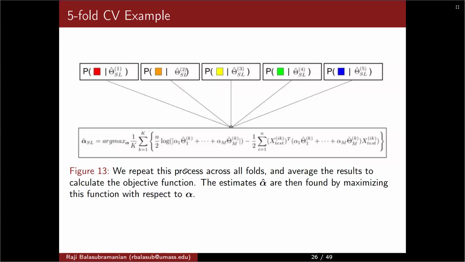We then repeat this process across all the folds and average the results to obtain our objective function. Then we're left with a function of the observed data, where the unknown parameters are just the weights that we want to learn. We can maximize our log likelihood using an out-of-the-box solver and nonlinear optimization approach, and then estimate the alphas.